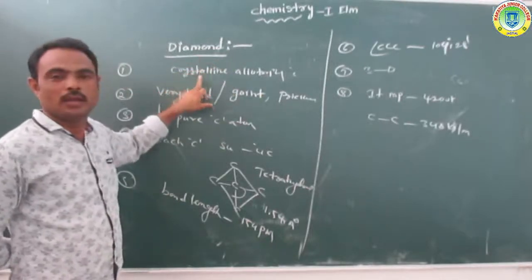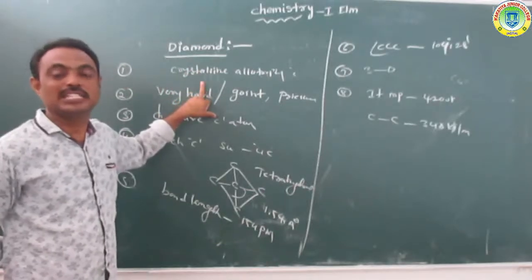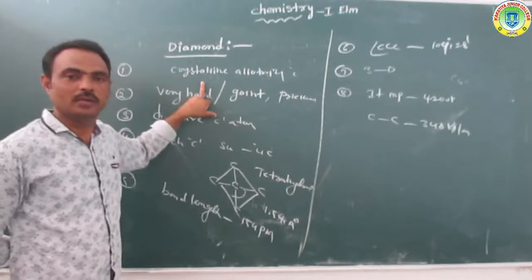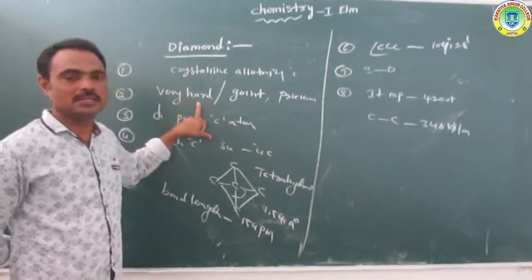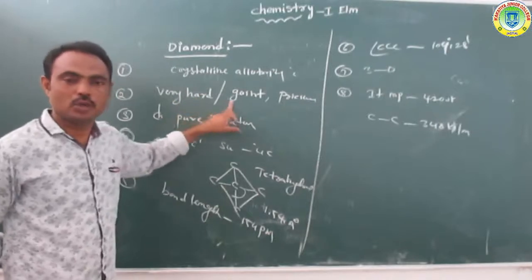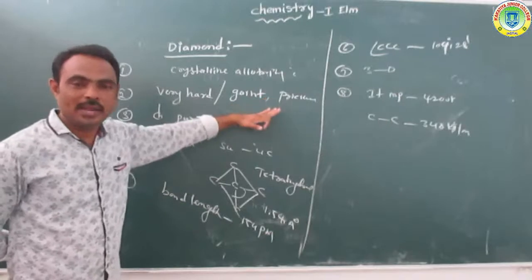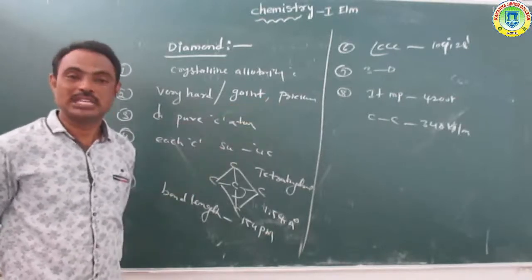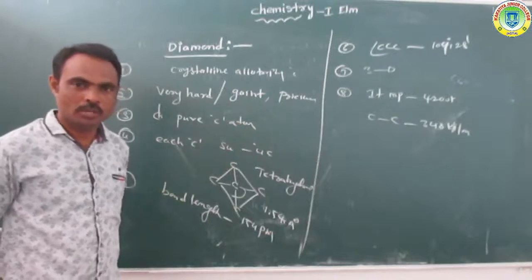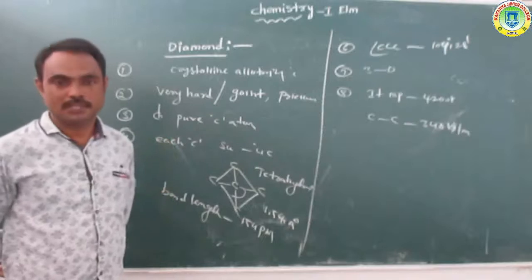Okay, listen. So overall, diamond is one of the best examples of crystalline allotropy of carbon. It is a very hard substance. Okay, it is also called a giant molecule. Diamond is a precious stone, a very costly stone. It has very few carbon atoms.